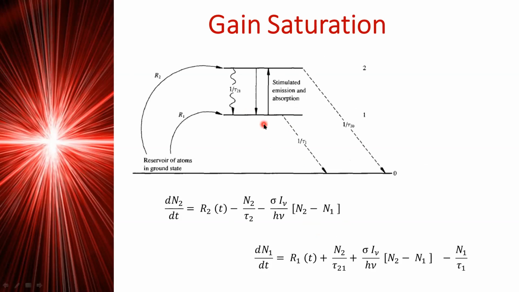Now, what we are going to do is start to try to solve these equations. These are two equations with two unknowns, because we will consider that only N1 and N2 are our unknowns. But actually, this is not a very simple problem, because they are two differential equations, not linear equations.